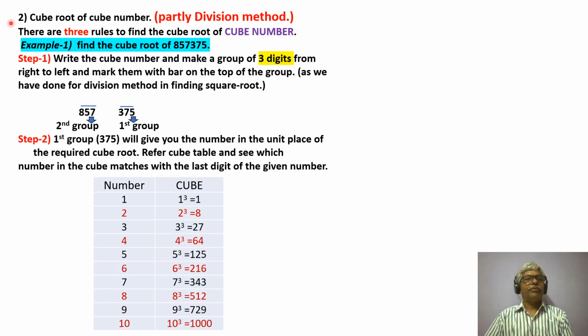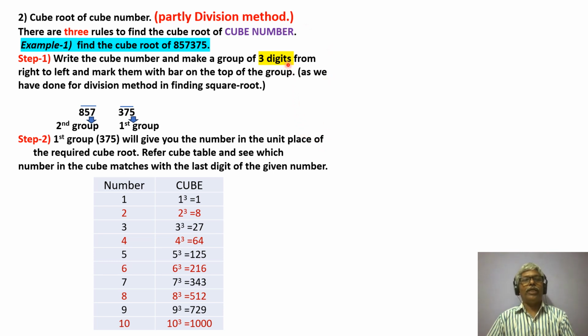Second method to find the cube root of any number is called the division method. This method has been explained in some other video by me. You may go and refer to that. It's a very good, very nice method. A part of this method has been used in the syllabus of standard 8.